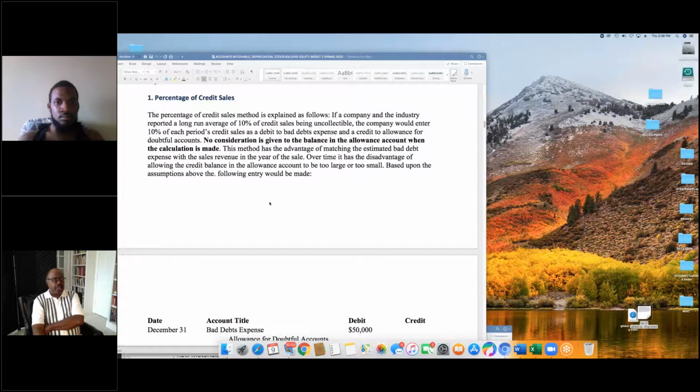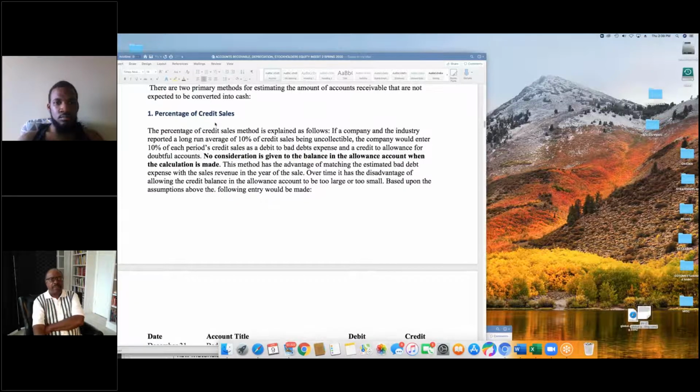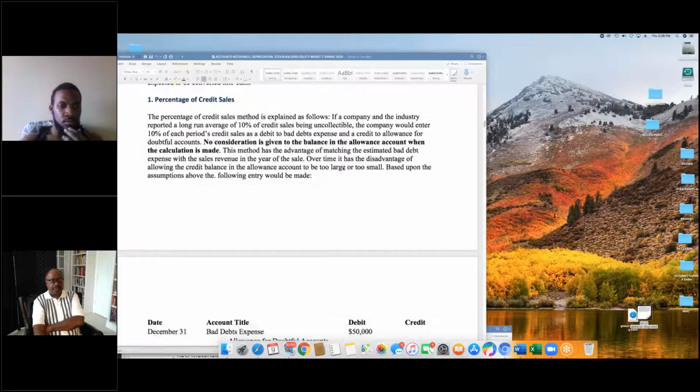We said there were two ways to calculate the bad debt expense. One was the percent of credit sales, where you just take a percentage of credit sales, and that's the expense. No consideration is given to the balance in the account.